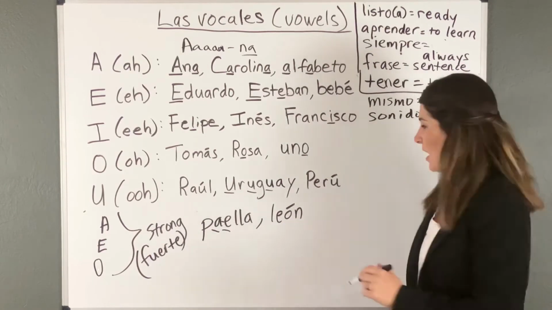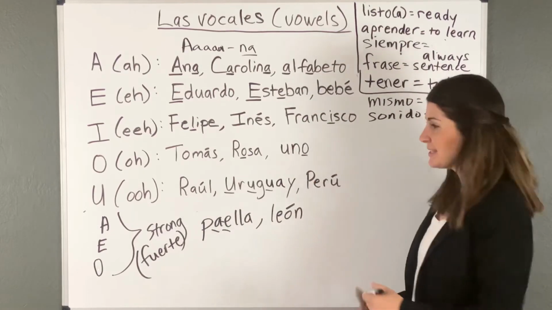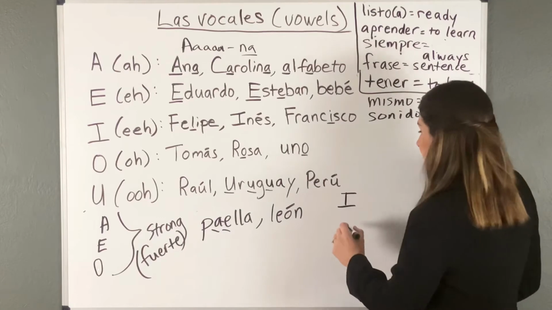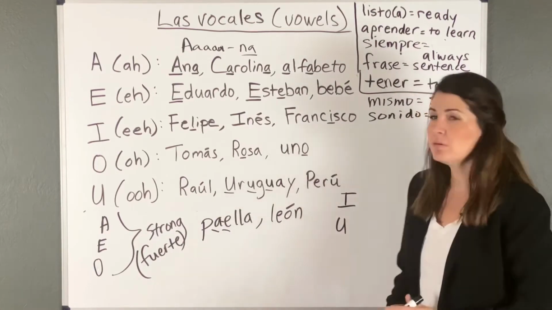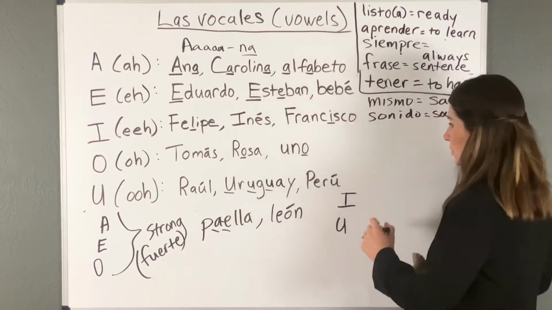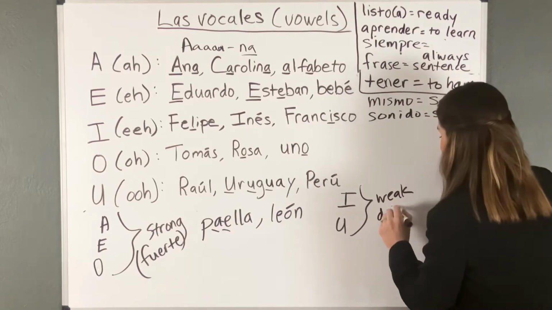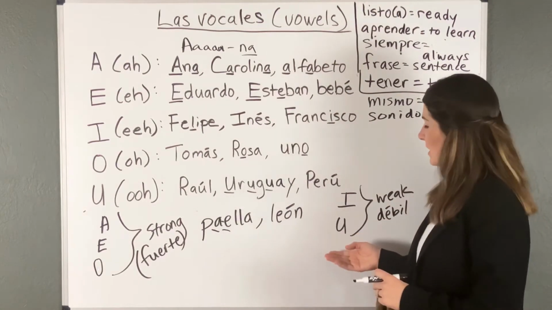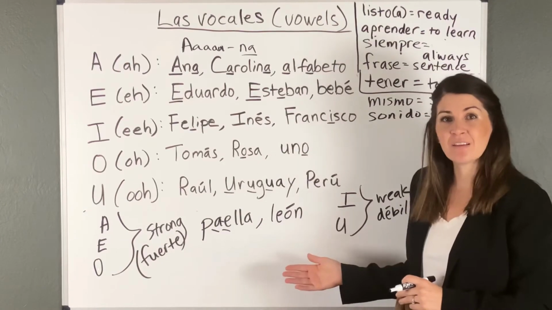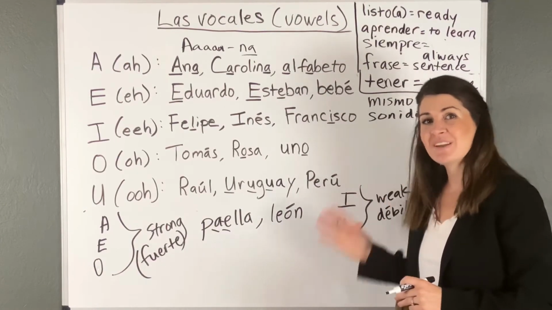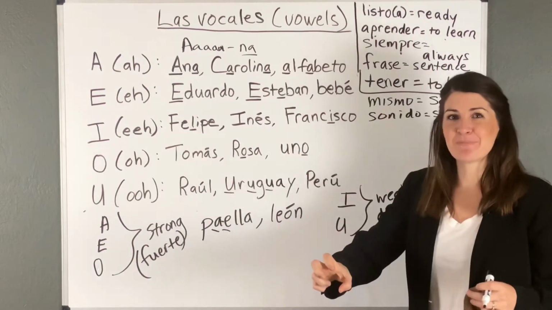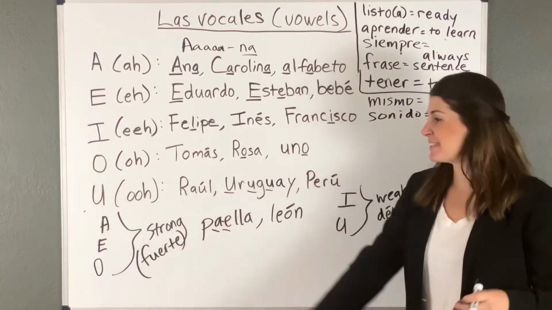The weak vowels, which is what remains, the I and the U, débil, when placed next to another vowel, become one syllable. So it's almost like the strong vowel gobbles it up and it becomes one syllable.